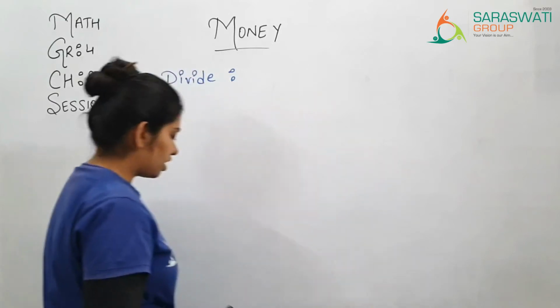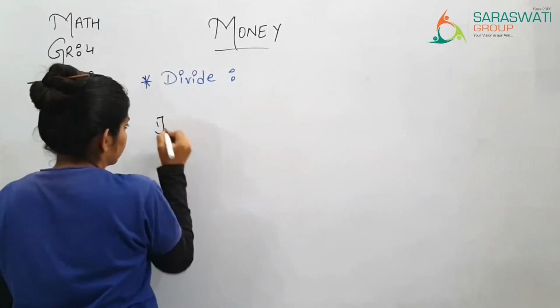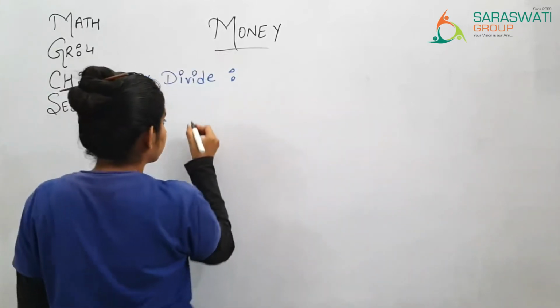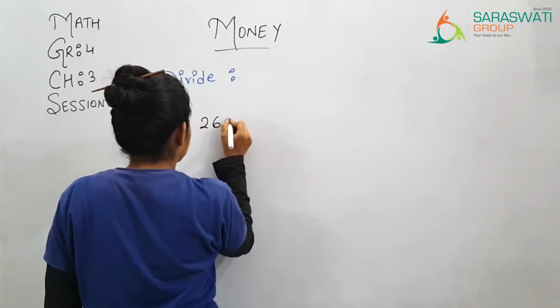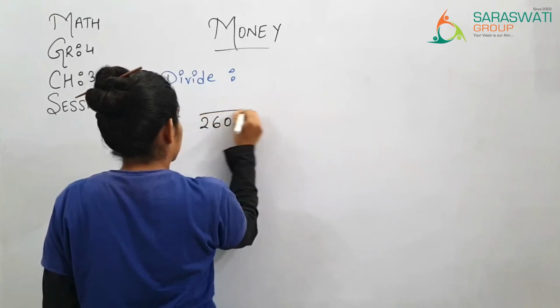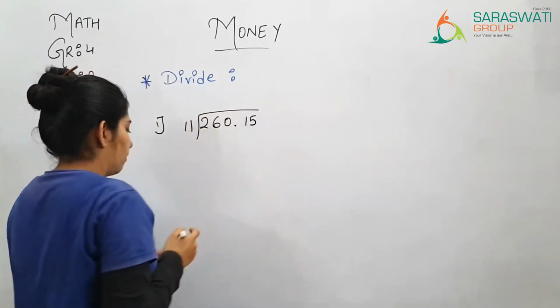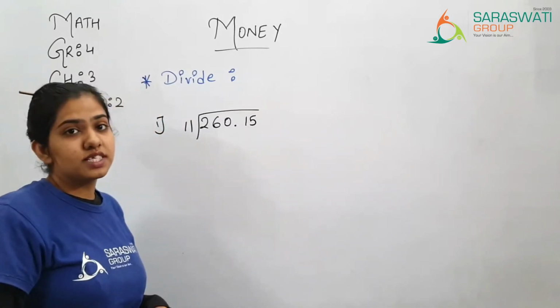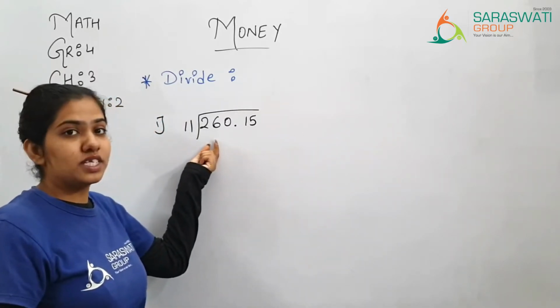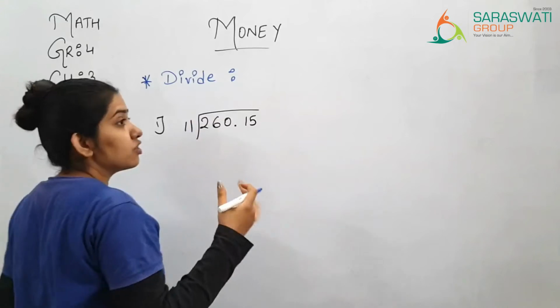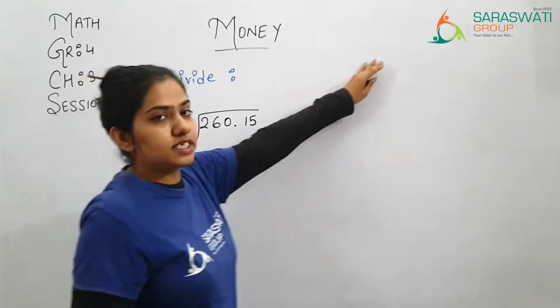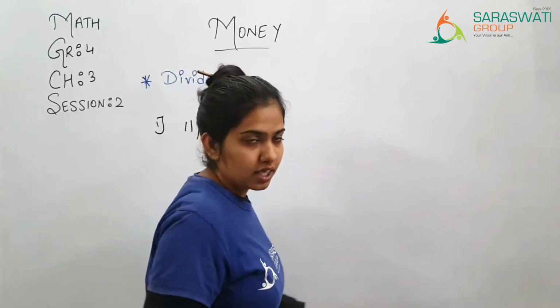So now in divide, we are supposed to divide it by 11. 11 ones are 11, 11 twos are 22. 11 threes are 33, again a bigger digit, and as I told you, we will write the table over here, right?